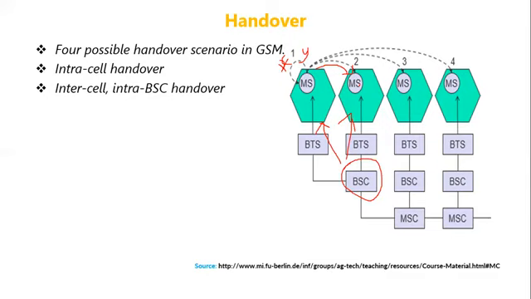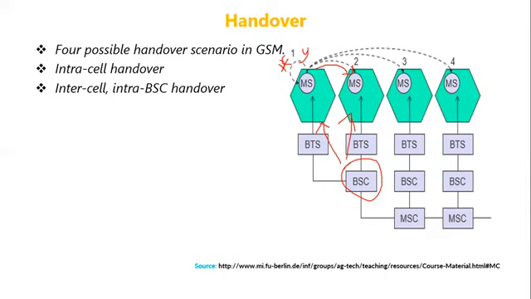So it provides a new channel in the new cell for that particular mobile station, and the old channel in the previous cell will be released. So this is called intercell or intra-BSC handover. It is moving from one cell to another cell, but it is within the same BSC.